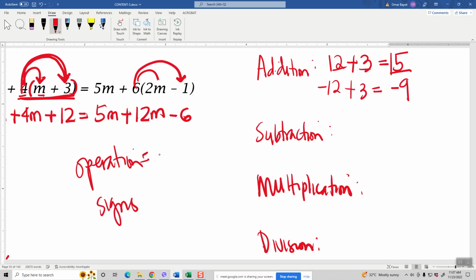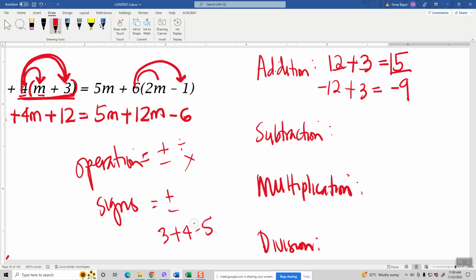Operation means perform an indicated operation: plus, minus, divide, multiply. Signs are just the positive and negative sign. So when I say 3 plus 4 minus 5, what is the sign of number 5? Positive or negative? It must be positive, class.